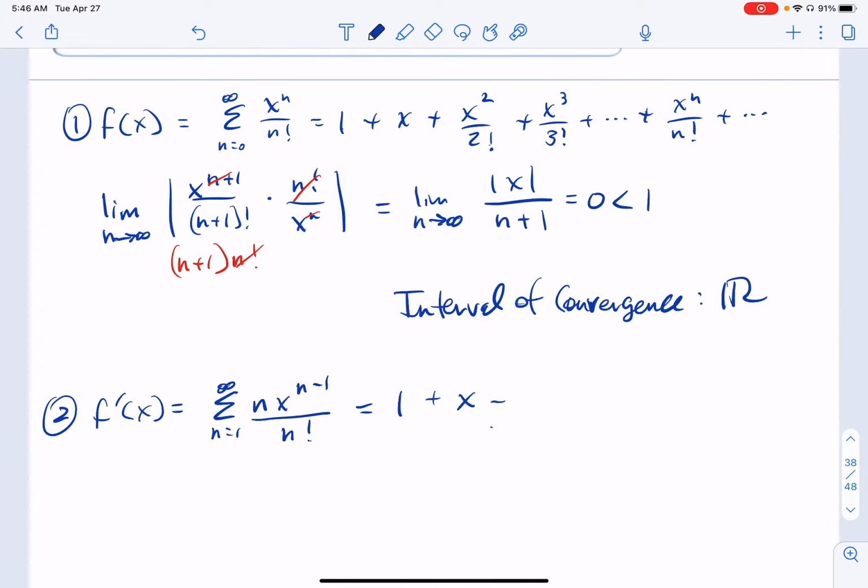Plus, and then the same thing is going to happen here. You're going to leapfrog that 3 down, x squared over 3 factorial, but that's 3 times 2, and those would cancel. And so you have just x squared over 2, which is the same thing as 2 factorial.